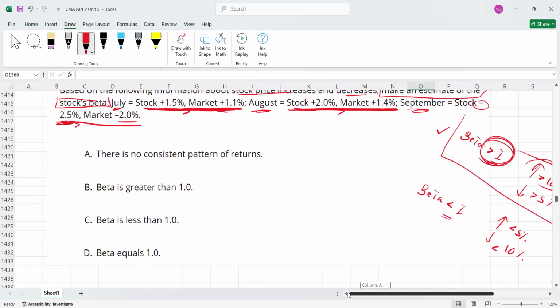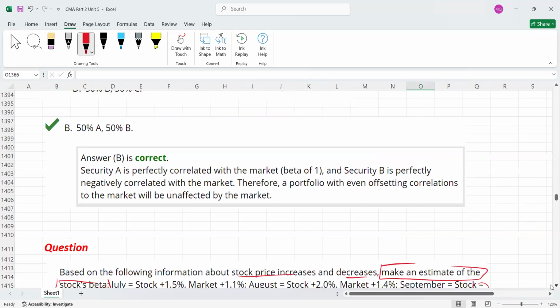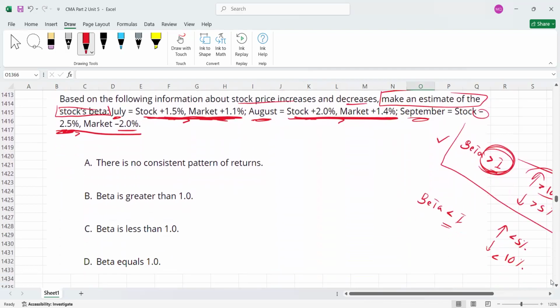So here we go. Now we have to select the answer, because our question was to make an estimate of the beta. Option number 1, there is no consistent pattern of returns. No, it's not like that. Beta is greater than 1. Yes, the stock beta is greater than 1. That is why it has greater variations as compared to the market. Beta is less than 1?